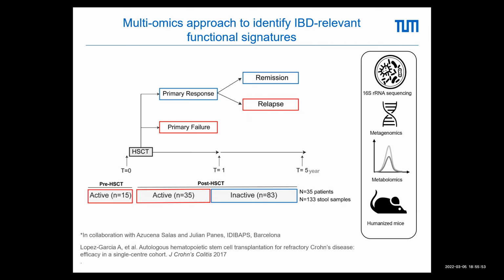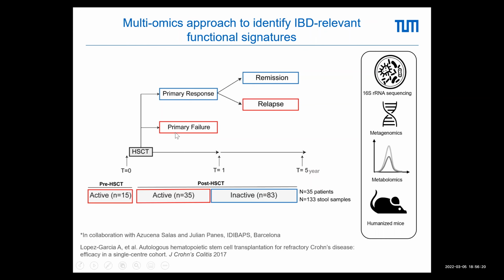And so in this cohort, we had 35 patients, and what we did was that we collected fecal samples from these patients over time. So at baseline before the treatment, and then every 6 months for 5 years after the transplant. It was an observational study.